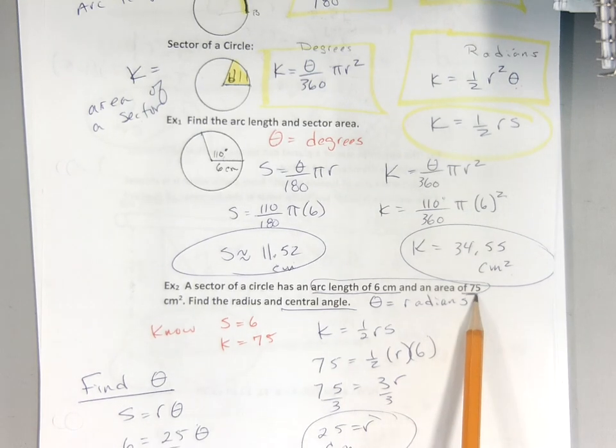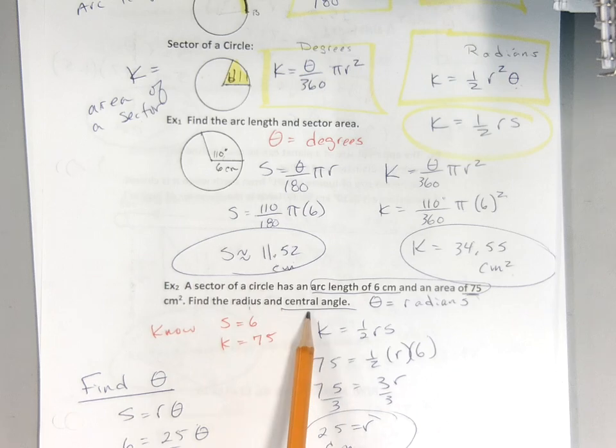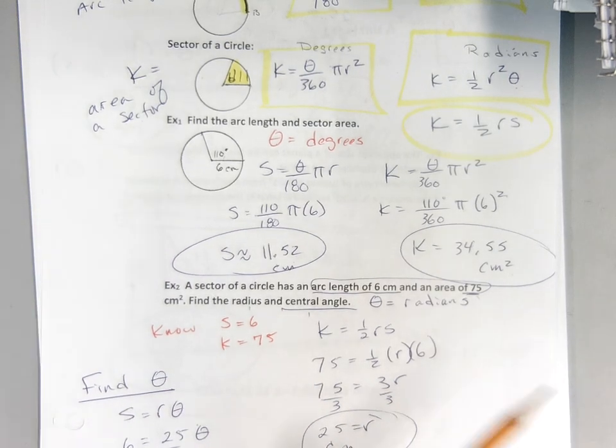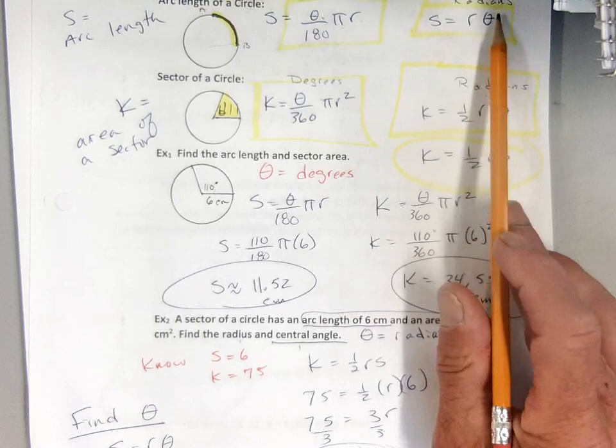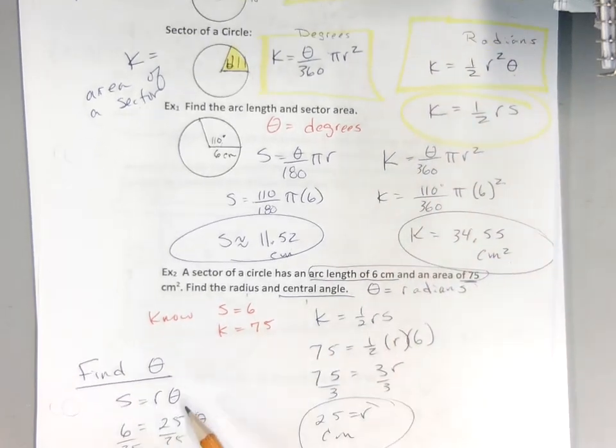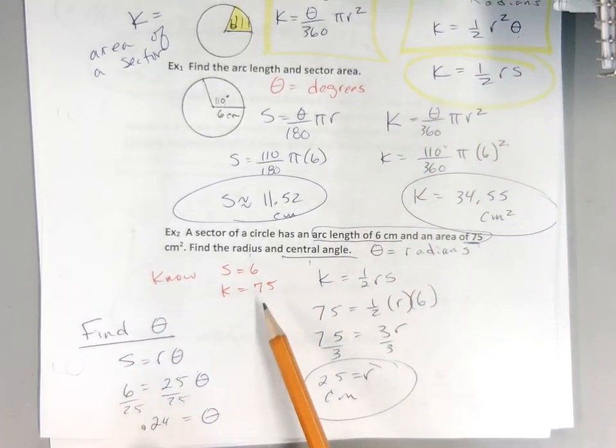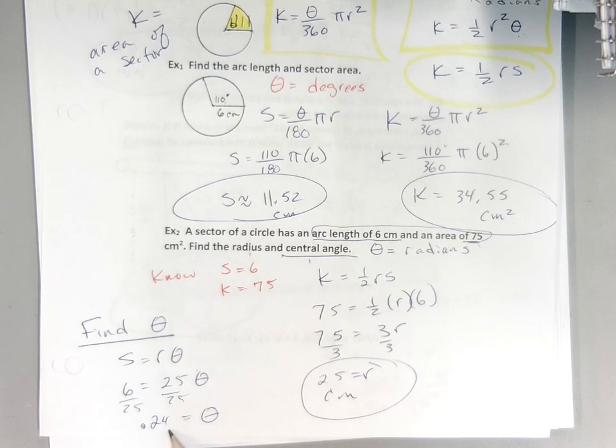Example two is a little bit backwards, more like Jeopardy, where you're given the answer, the area, and you want to find the radius and the central angle. I like to write what I know: the arc length is 6 and the area is 75. The easiest formula to use is S equals r theta. I put my 6 here, my 25 here, and I got my angle, 0.24. That is an angle in terms of radians.